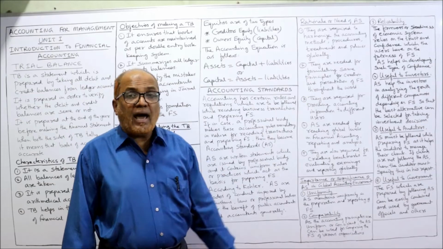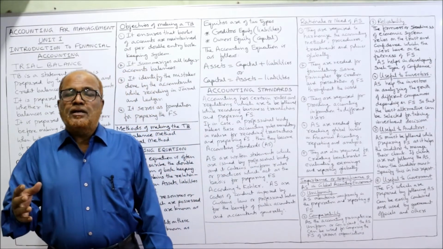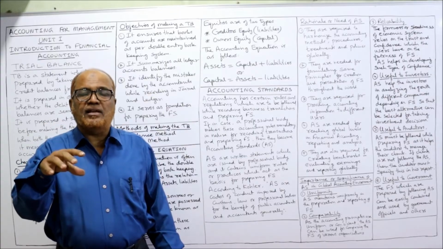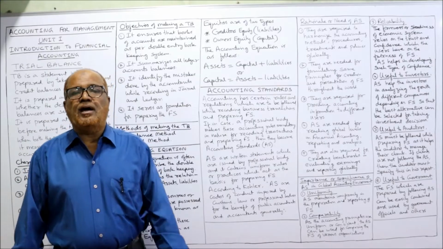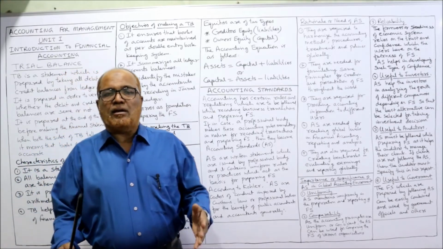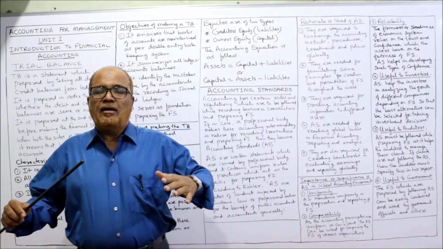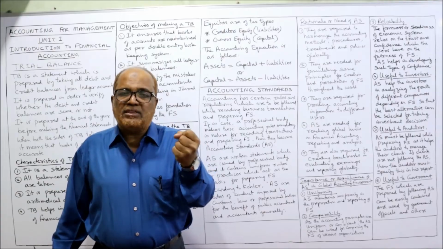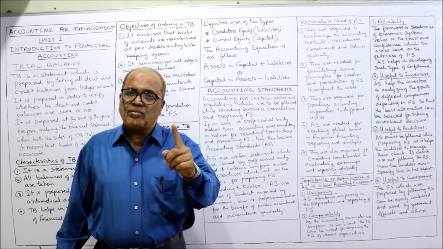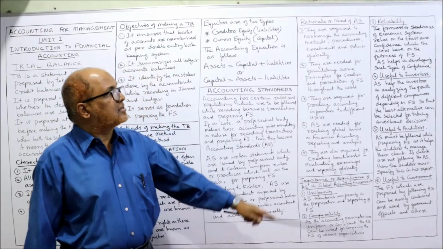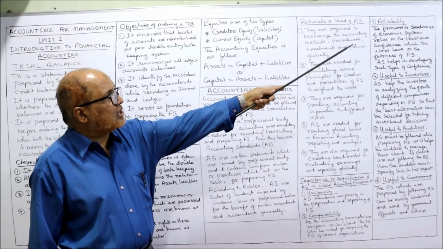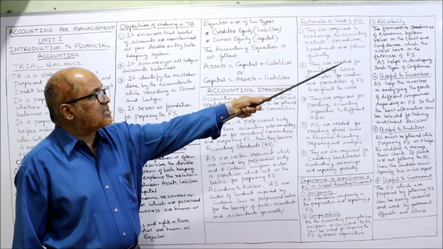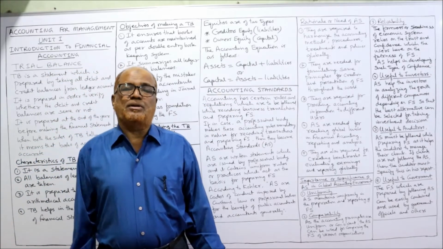Third one is reliability. That means a number of parties will rely on, have confidence and trust in the financial statements. See here, if you want to make a trustworthy financial statement, it must follow the accounting standards. The firmness or steadiness of the economic system relies on the trust and confidence which users have in the fairness of financial statements.